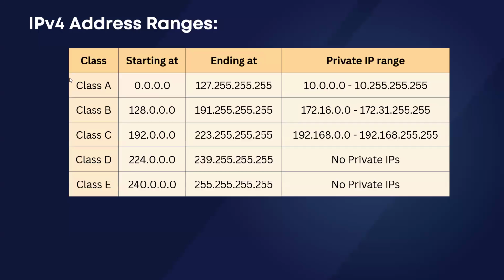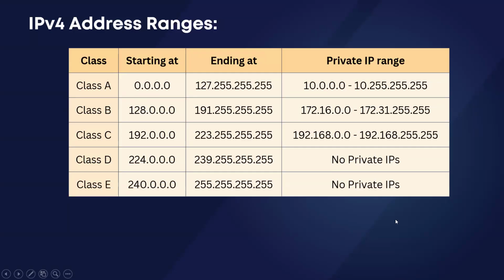Class A starts here at the first IP 0.0.0.0, and class E ends at the last IP 255.255.255.255. So the entire range of IP addresses from the first IP till the last IP is divided into these five classes.